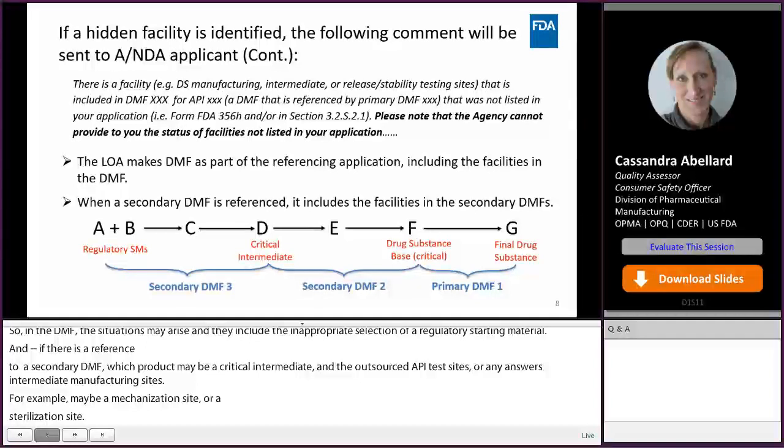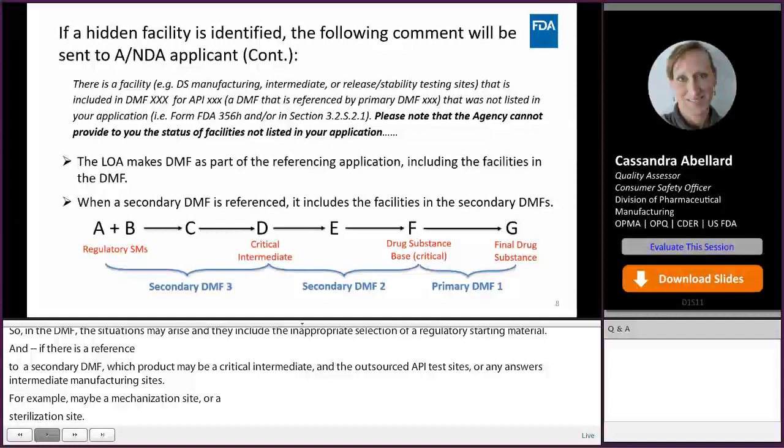So some key points around that. The LOA that's included in the application makes the DMF part of the referencing application, and this includes the facilities in the DMF. But when a secondary DMF is referenced, it includes those facilities in the secondary DMFs as well. So a little pictogram of what this is trying to say shows you the final drug substance G on the right hand side.